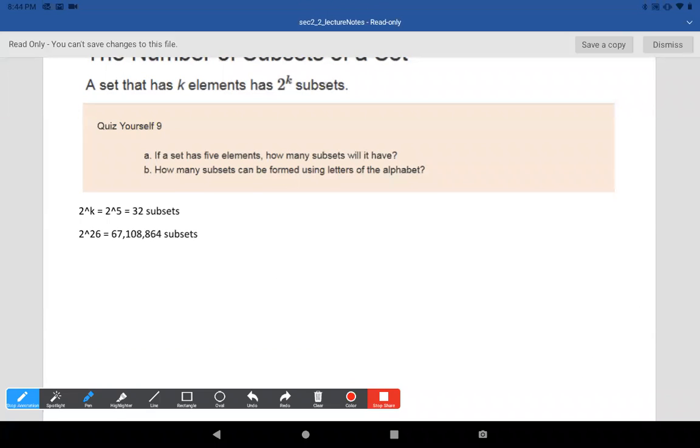And Quiz Yourself 9, Part B reads, how many subsets can be formed using letters of the alphabet? There's 26 letters in the English alphabet. So we have 2 to the power 26, which is 67,108,864.